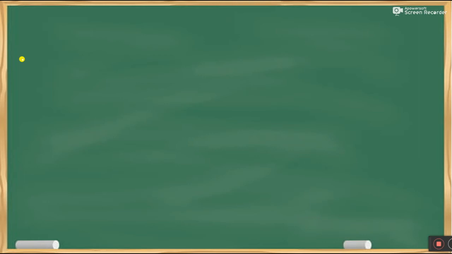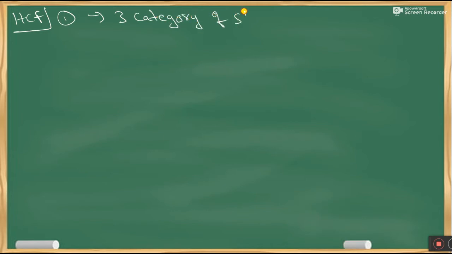Now let us see how they ask questions in the exams for HCF. Clear? So first example. Let's say there are three categories of students with 30 maths, 45 physics, and 90 science.